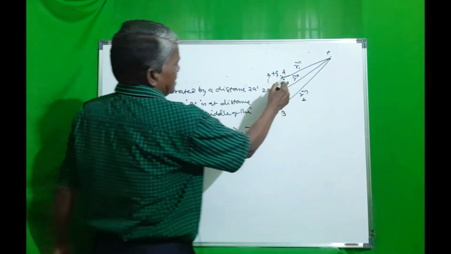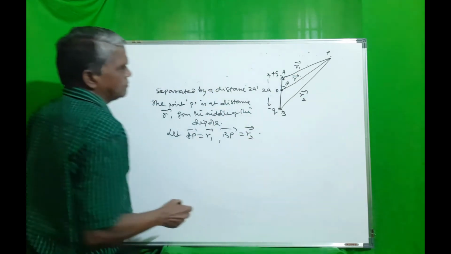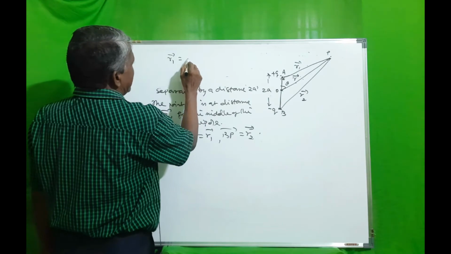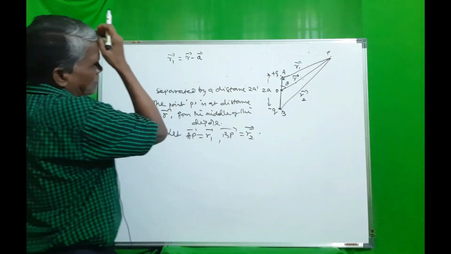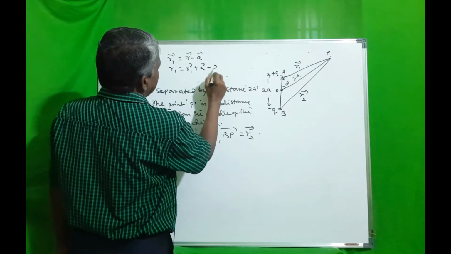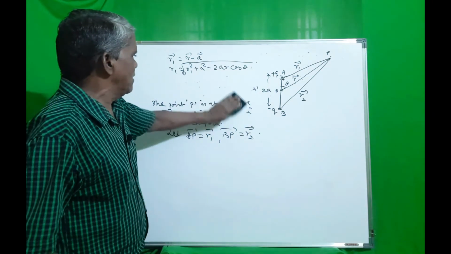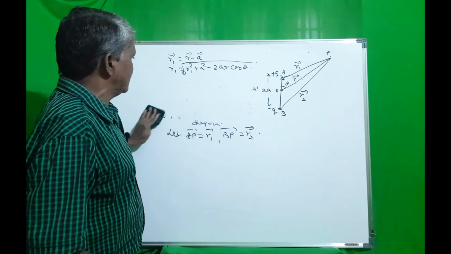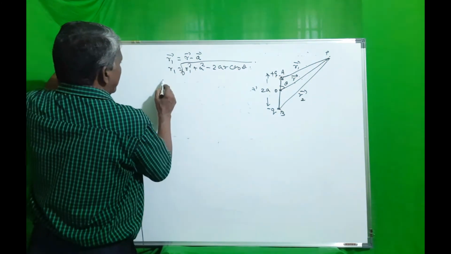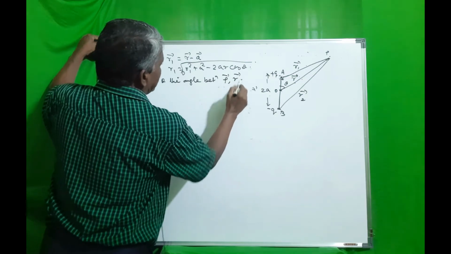From the diagram, this is R1, this is A, this is R. So R1 is equal to R minus A, or R1 is equal to the square root of R square plus A square minus 2AR cos theta, where theta is the angle between the dipole moment vector and position vector.